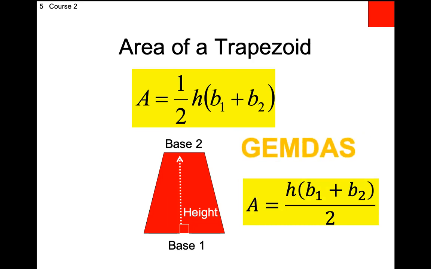enter, and you're done. For those of you without the very, very smart calculator, you got the $1 calculator, you got to use PEMDAS. You got to do base 1 plus base 2, enter, times H, enter, divided by 2. You cannot type it in as it appears if you have a cheapo calculator.